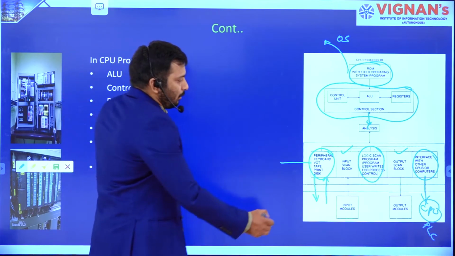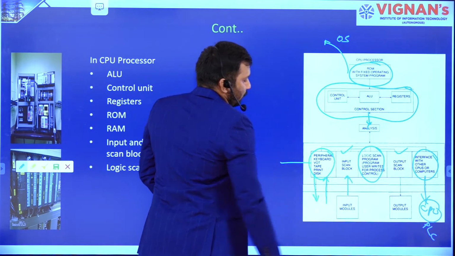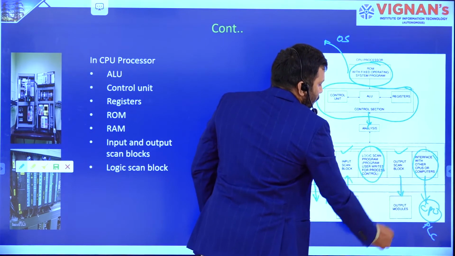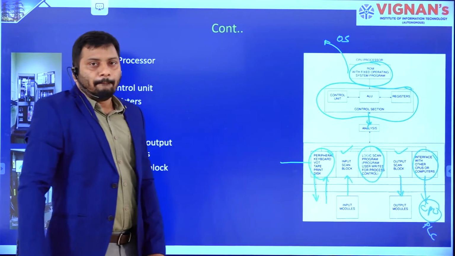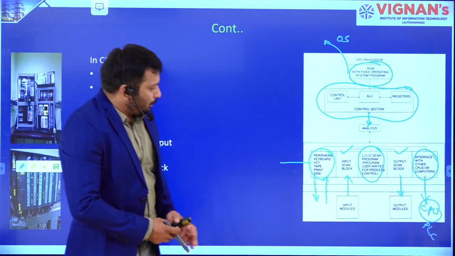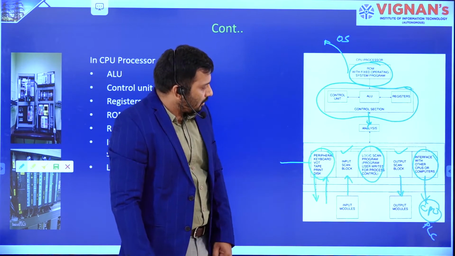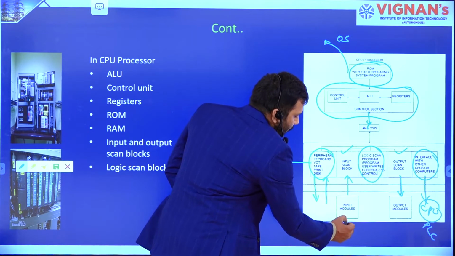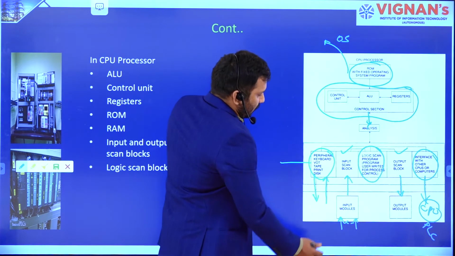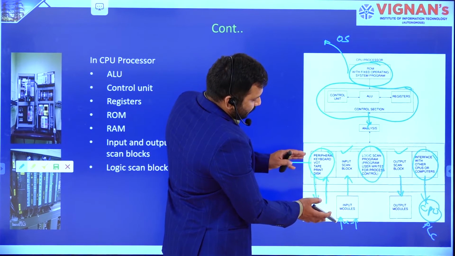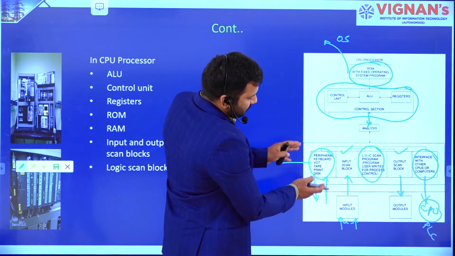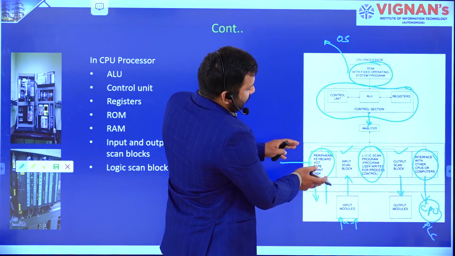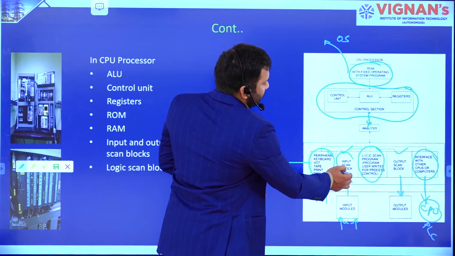One input scan block is connected with the input module, and one output scan block is connected to the output module of the PLC, right? Whatever data is coming from the different input devices, input sensors, connected to the input module, from the input module that data is going to be placed in this particular block.